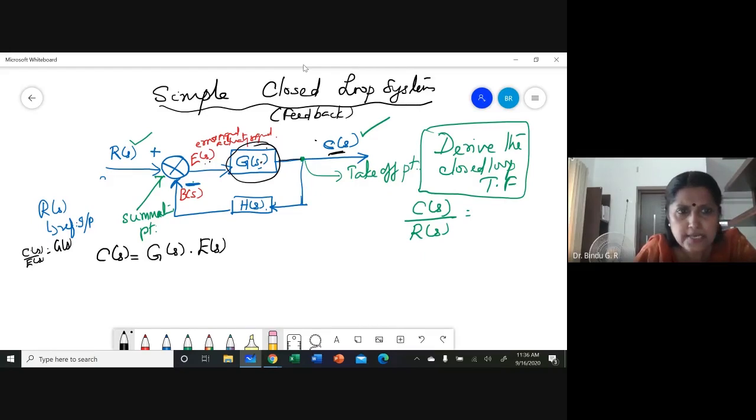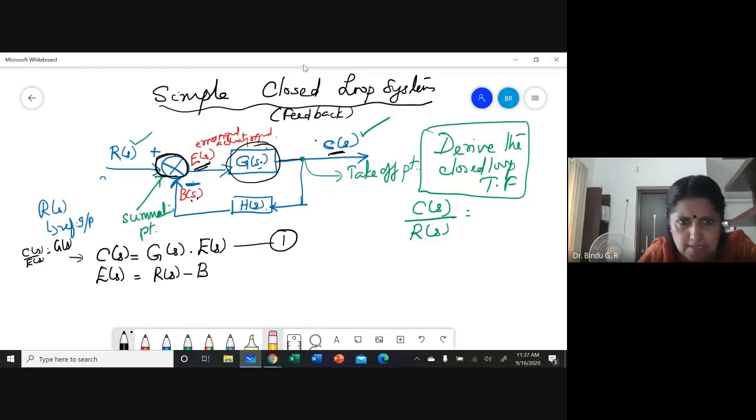So I wrote C(s) is equal to G(s) into E(s), equation number 1. Now, the actuating signal E(s) is obtained by subtracting B(s) from R(s). That is what is being done in the summer. So, E(s) is equal to R(s) minus B(s).